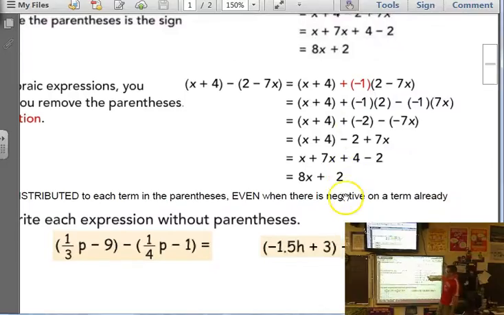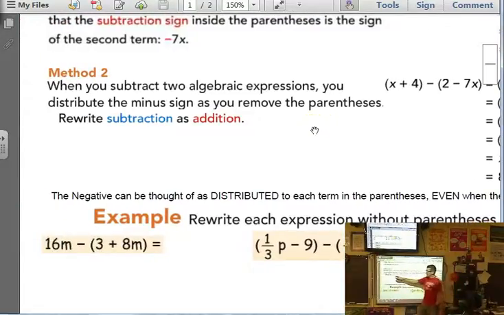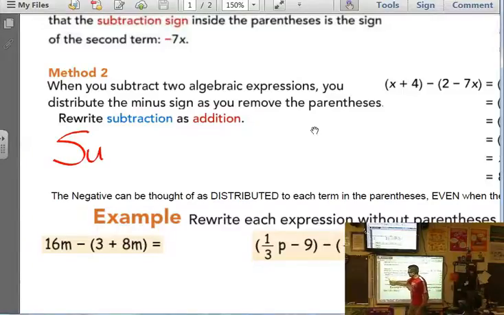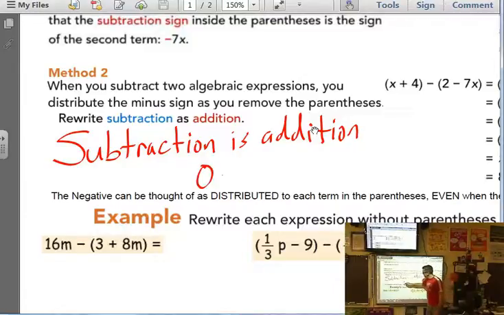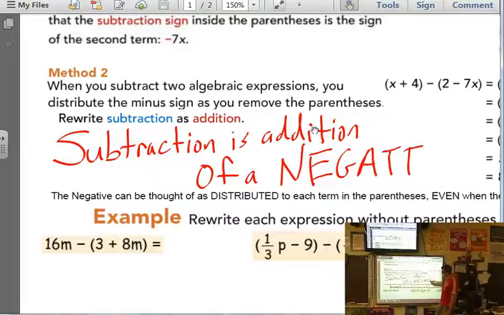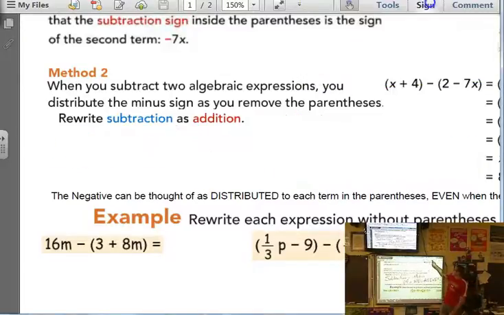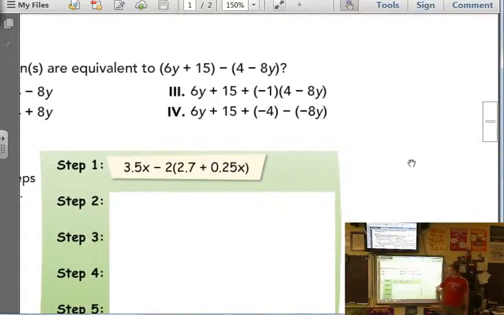If you want a reminder, I would write up here where it says rewrite subtraction as addition, I would remind yourself that subtraction is addition of a negative. And then we got to look at number 4 and see if that one works.